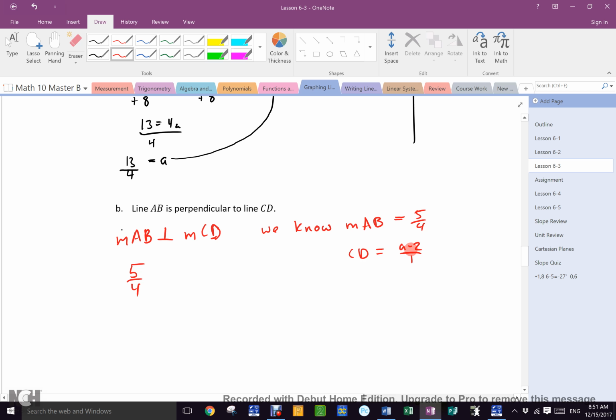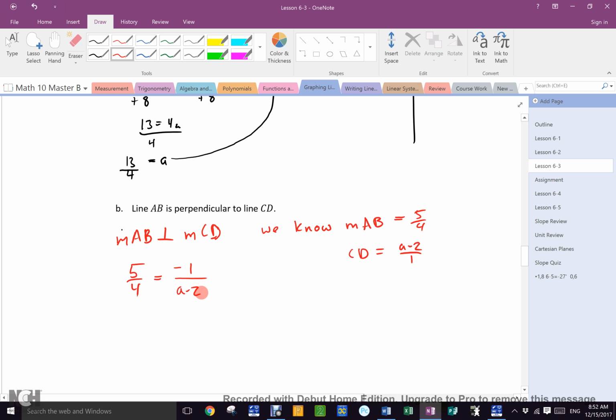Okay. But if they're perpendicular, then what has to happen to the second slope? CD has to be what? Negative -1 over A minus 2.